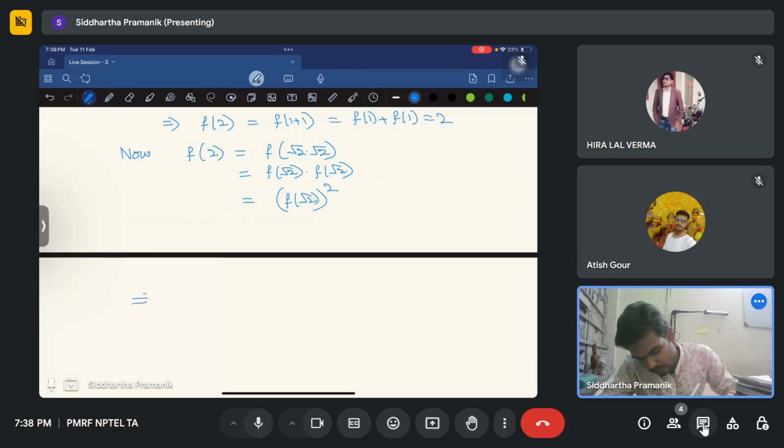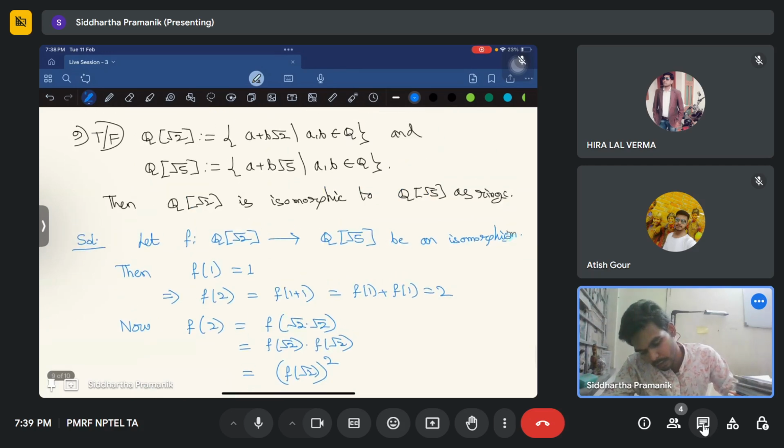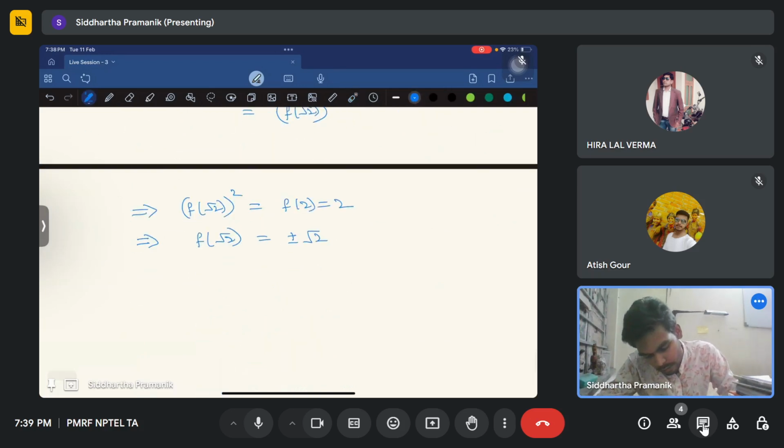So this means f of root 2 whole square is equal to f of 2, and this is nothing but 2. So f of root 2 must be equal to plus minus root 2. But root 2 does not belong to this set Q root 5. That is something you can check. This does not belong to Q root 5.